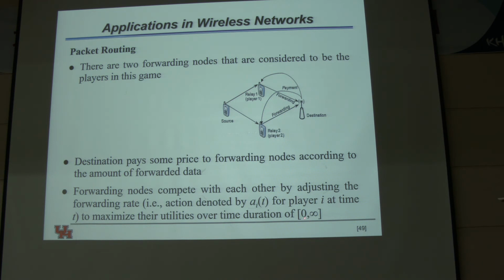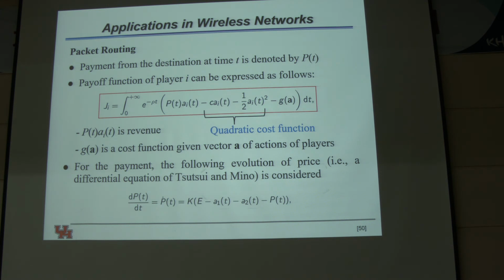Basically, over time, I want to control the packet forwarding such that I can get a better payment. So this is dynamic over time. And the payment over time is P. And this is a cost function. This is a quadratic cost.